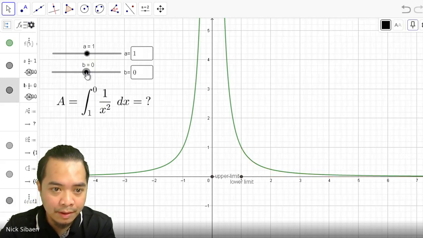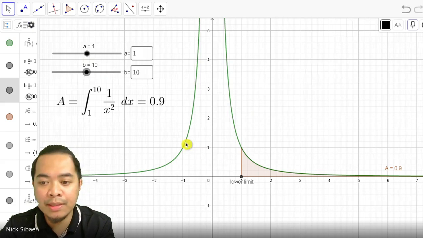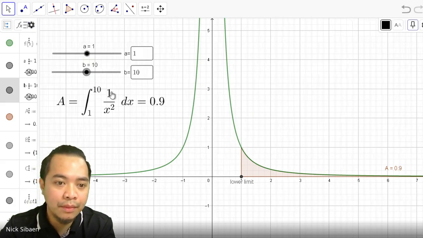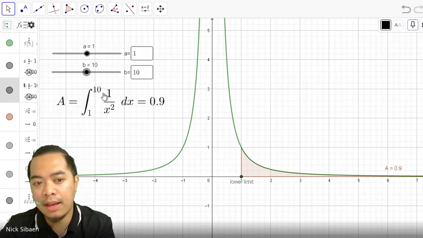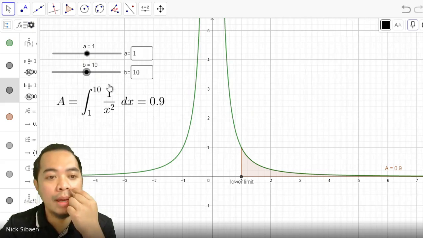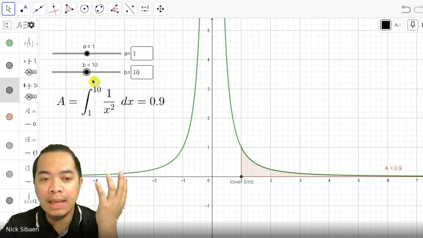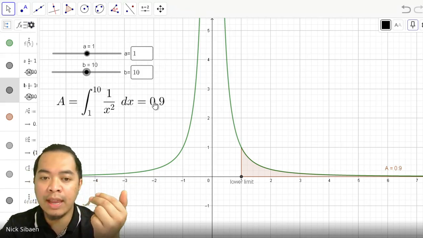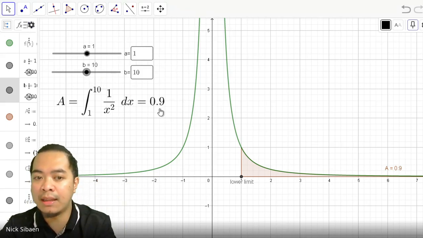Let's start from siguro 10. So this is the area kapag definite integral lang siya na ang kaniyang lower limit starts, it's from 1 until 10. The answer is 0.9 squared units. Now, what happens if b will approach positive infinity? Parehas ba siya sa function kanina na yung kaniyang area dito ay palaki din ng palaki? Definitely.